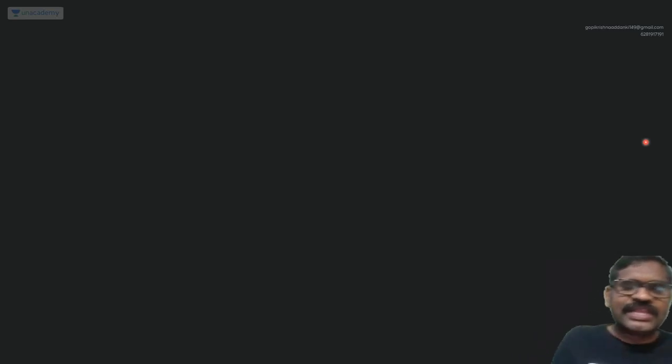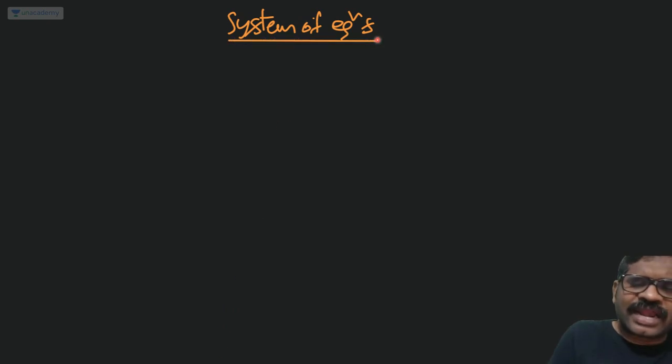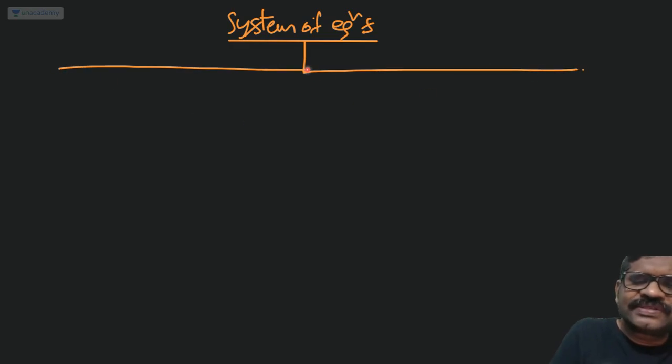Now, systems of equations are classified into two categories. One is homogeneous, another one is non-homogeneous.